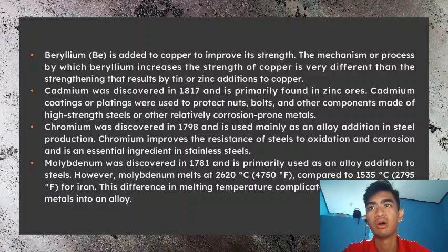Cadmium coating or plating was used to protect nuts, bolts, and other components made of high-strength steel or other relatively corrosion-prone metals. The cadmium plating acts much like some paints and limits the access of the environment to the protected component.